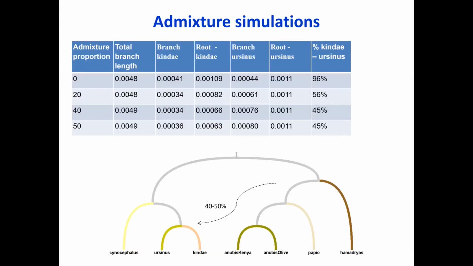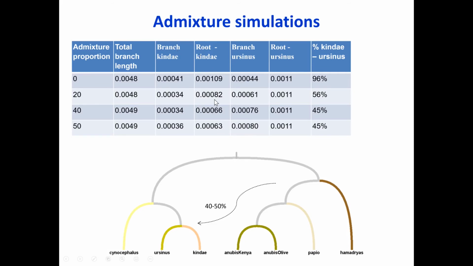So we did some simulations because we had information about the admixture. We increased the level of admixture between the north and the southern clade going into Kinde. And if you do this, the total branch length of the tree estimated in POMO is not changing. When we looked at the tree, I first thought the Ursinus branch increases, but root to Ursinus doesn't increase either. What does change is the root to Kinde branch.